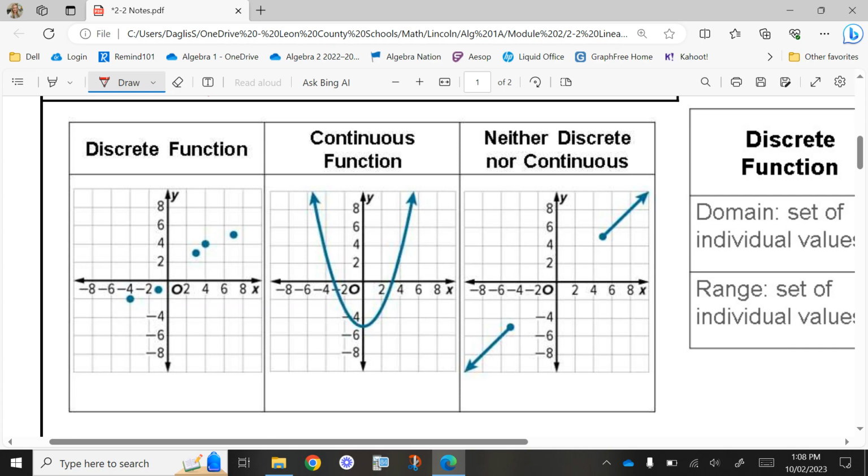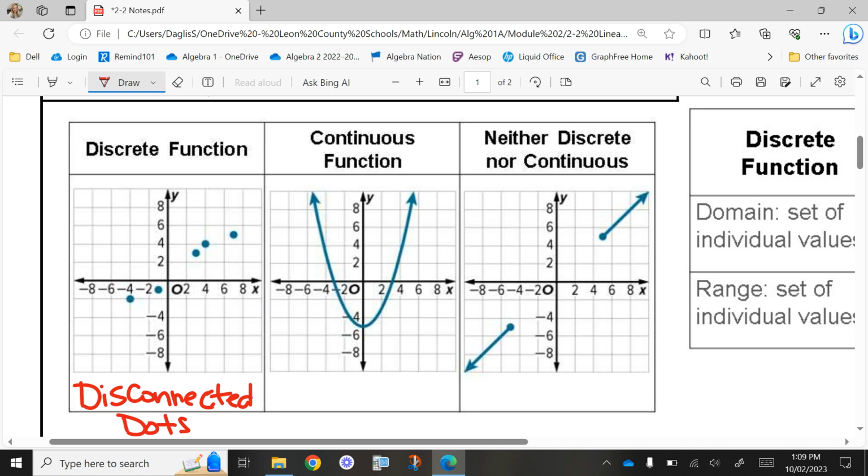So discrete, dots, disconnected. That all should go together to tell you it's a discrete graph. So disconnected dots. Hopefully that little trick helps you remember.